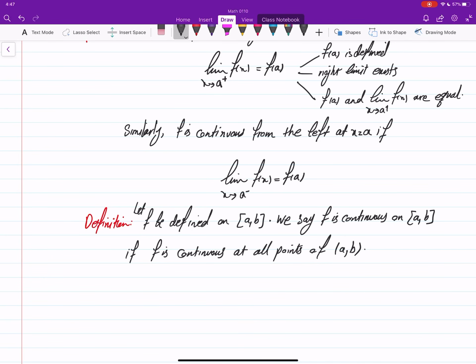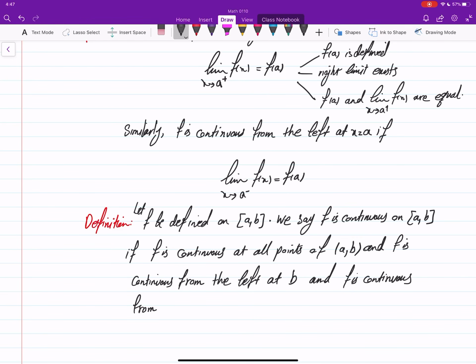So being continuous on a closed interval means it is continuous on the open interval, and f is continuous from the left at b, and f is continuous from the right at a.